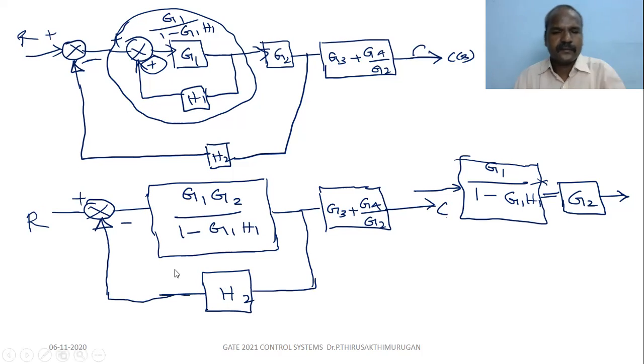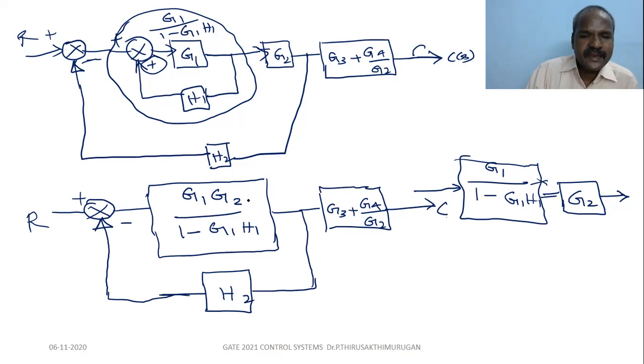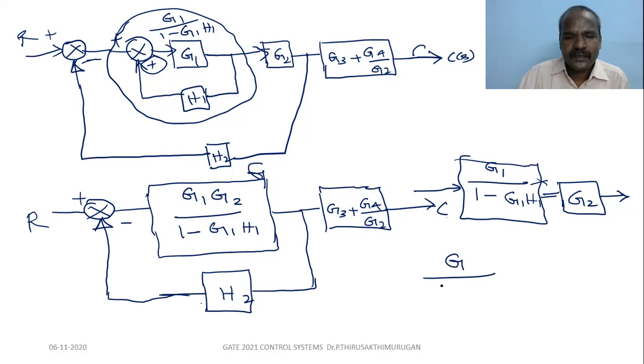Clear? So again, consider this is G, this is H. This closed loop feedback can be reduced as G divided by 1 plus G H2.